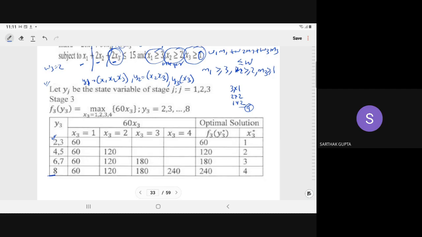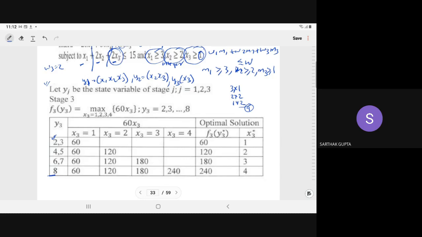So what is the minimum requirement? In stage 2 we accommodate minimum 2 items of type 2 whose weight is 2. It means total weight required is 4. And in stage 1 we have to allocate minimum 3 items whose unit weight is 1 unit. So 3 units of space you require.